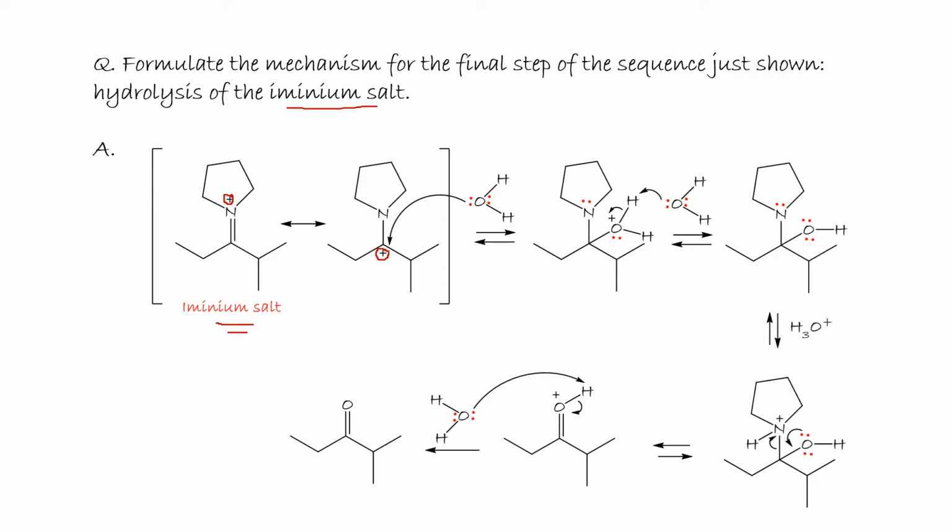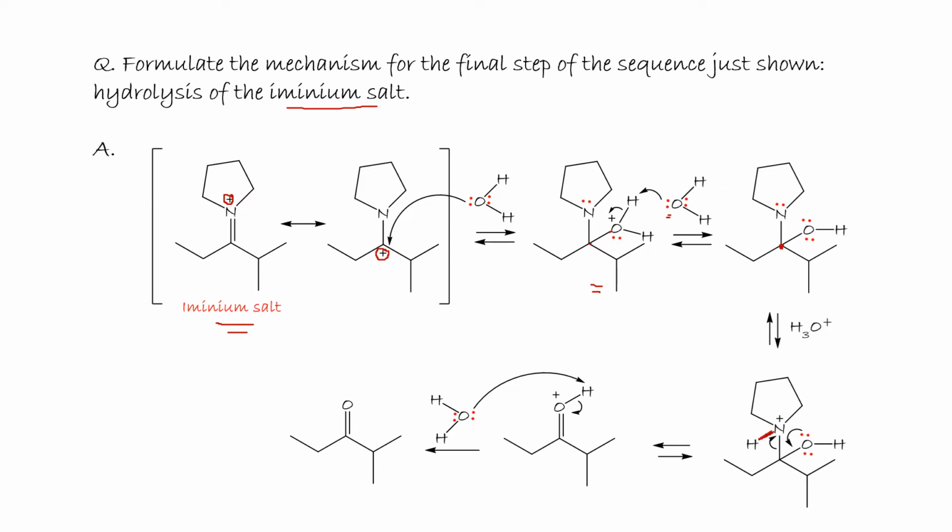It will react with water to form this species, carbon-O bond, deprotonation with a molecule of water, to form this compound. Again, that will protonate one more time, but this time on nitrogen.